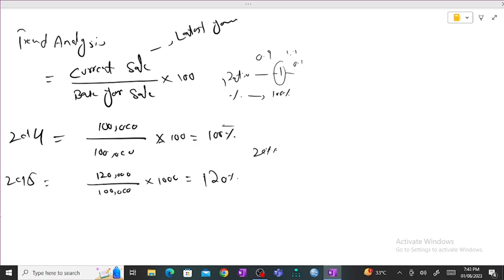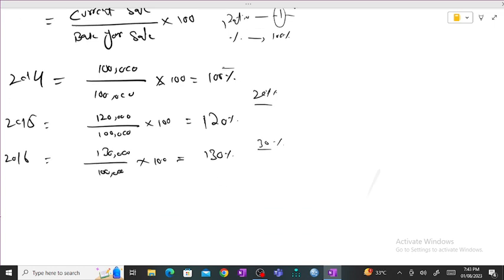Let's come to 2016. In 2016, we have basically 130,000 and 1 lakh for the base year. When we calculate it, we will get 130%. Now you would see here a 20% increase, here a 30% increase. So you can find the trend: the net sales are growing with the passage of time.